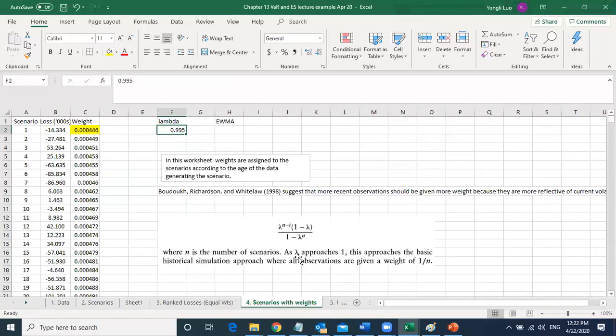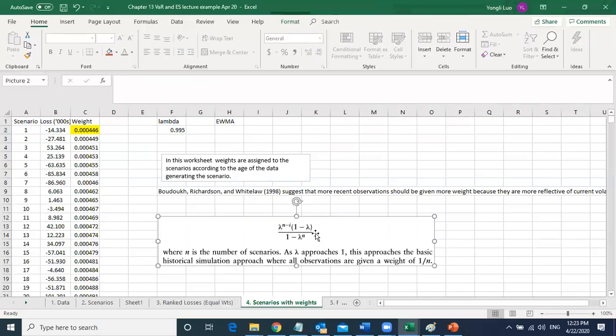And we have lambda, where lambda approaching 1 is the basic historical simulation approach, in which all observations are given a weight of 1/n, the inverse of the total number of observations. So we apply this one.